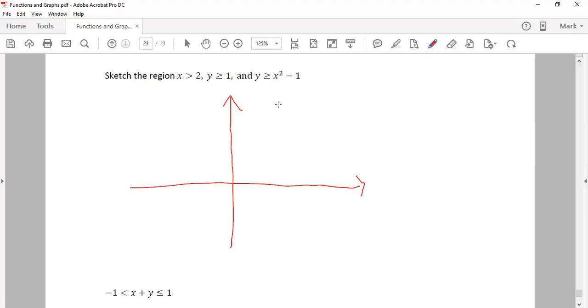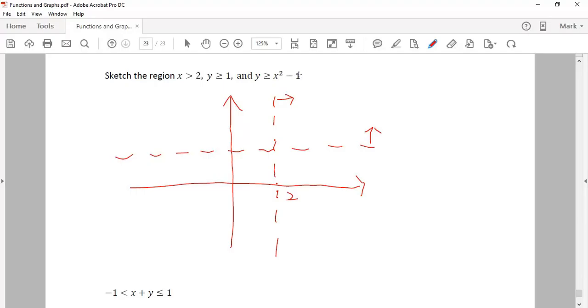So you know the line x equals 2 is going to be something like this. And we want everything to the right of it. So we're going to get that area. y is greater than or equal to 1. So you know that's your y equals 1 line, and everything above that.